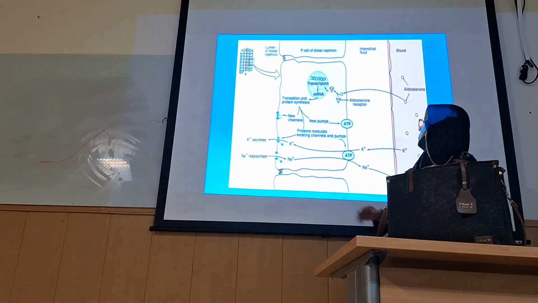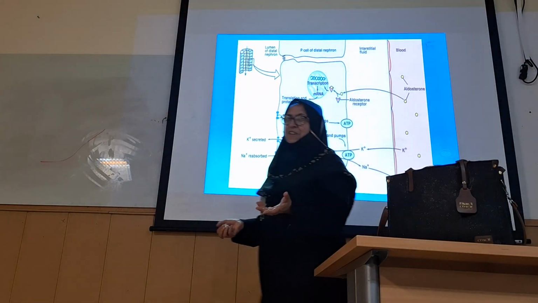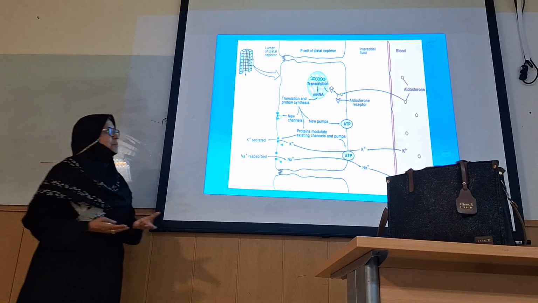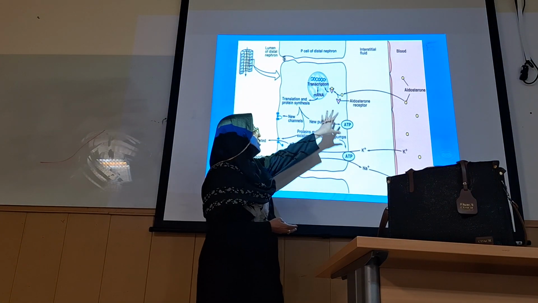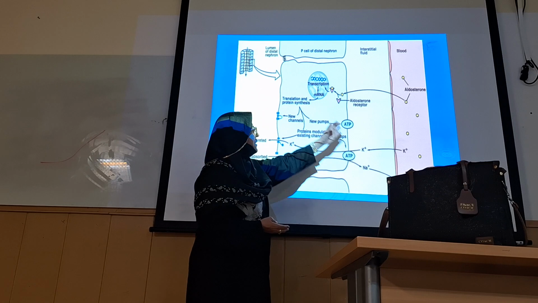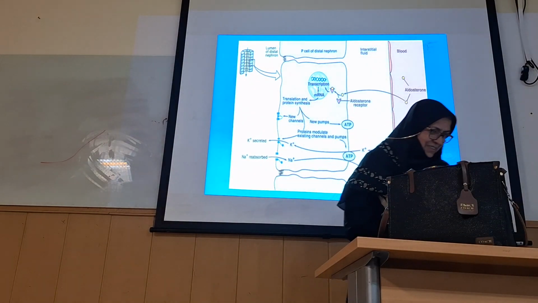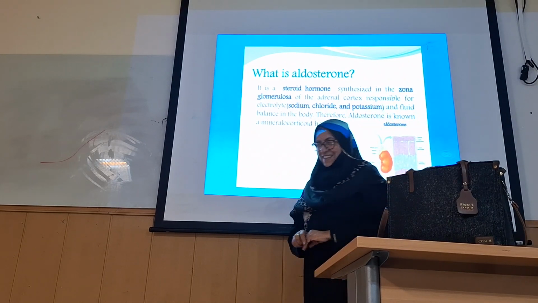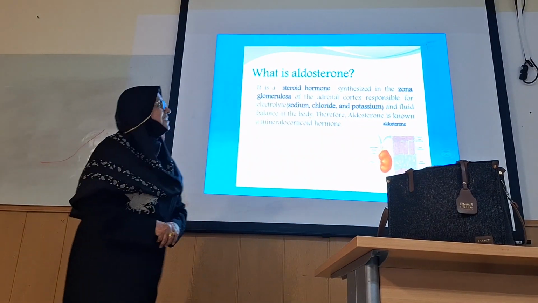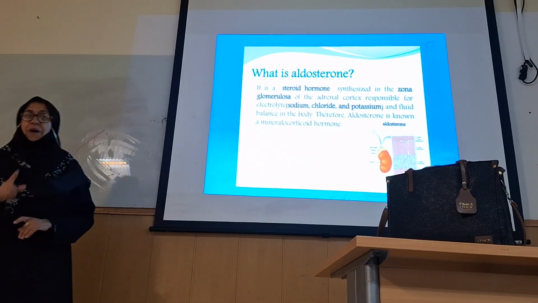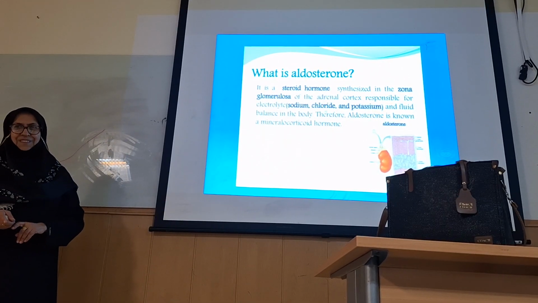This slide shows aldosterone. Aldosterone is a mineralocorticoid and a steroid hormone. Similar to other steroid hormones, it has receptors in the cytoplasm, enters the nucleus, and synthesizes protein. This is the first time I tell you about aldosterone.